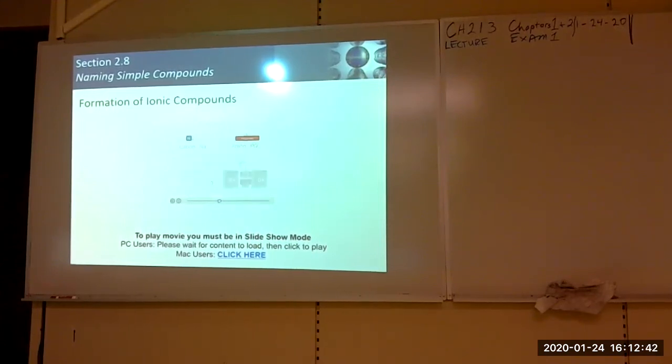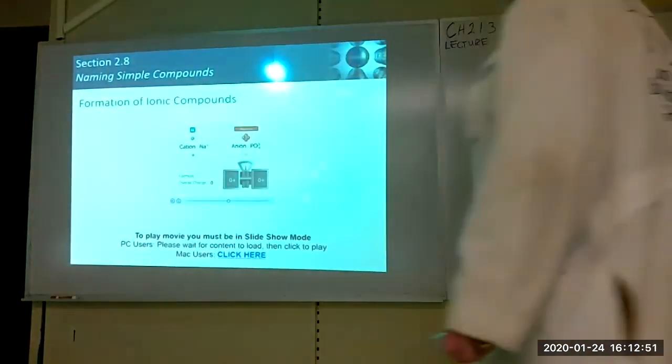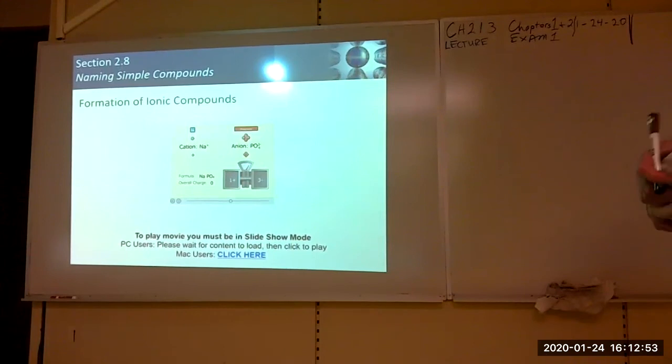Now we can select the number of cations and anions we want to use to build the simplest formula for sodium phosphate. If we select 1 cation and 1 anion, we note that the sum of the charges is -2, so the formula is not constructed properly. We must obtain an overall charge of 0 to have a correct empirical formula.